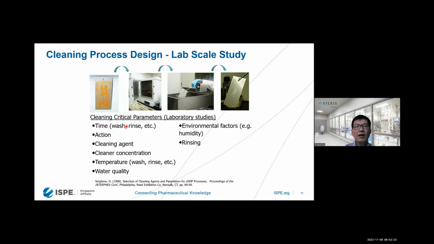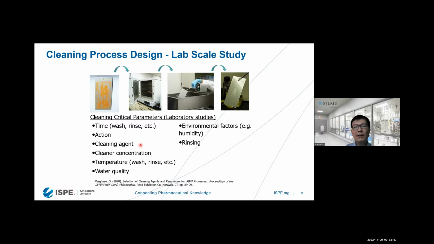Of course, among the cleaning parameters, time is very important, the time of the cleaning. Action as well. Action refers to impingement or manual cleaning, manual wiping action, spraying as well, cascading flow on the side of the vessels, or agitated immersion at the bottom of the tank. What are the cleaning agents you are going to use?